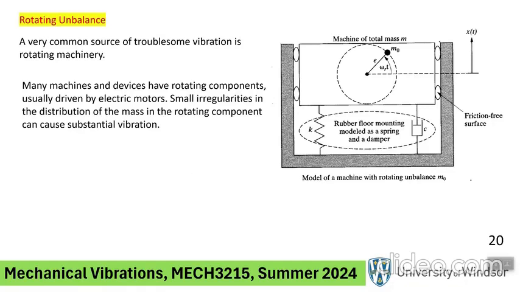Okay. So let me, for the sake of illustration, show you something on the right-hand side. We have a rotating component here, within a machine, and the box, because of the rotating unbalance, keeps going up and down, and of course sideways. But the main concern here is the vertical motion, the degree of freedom where this thing moves up and down.